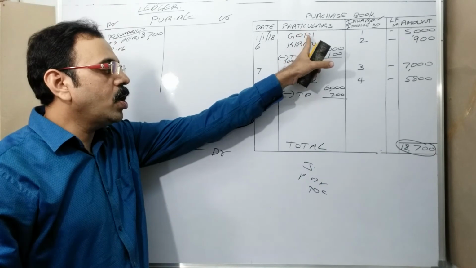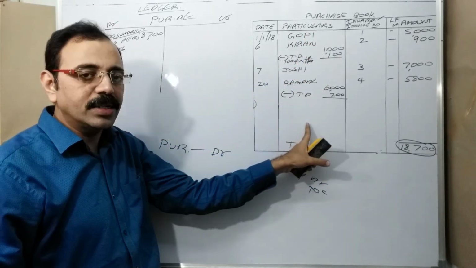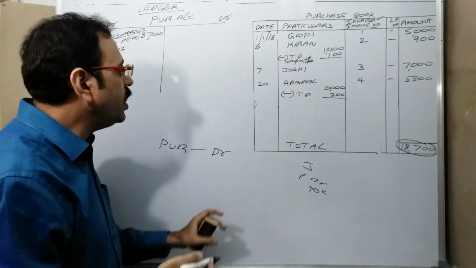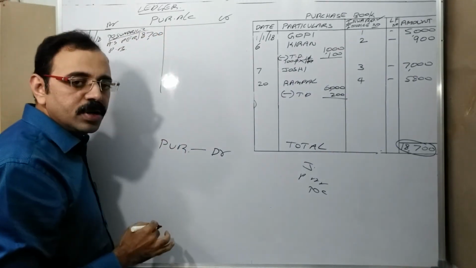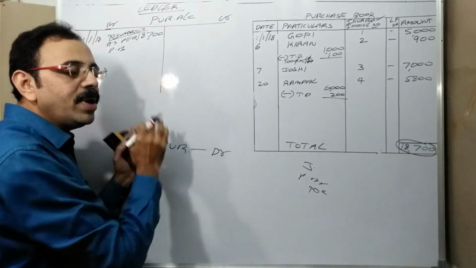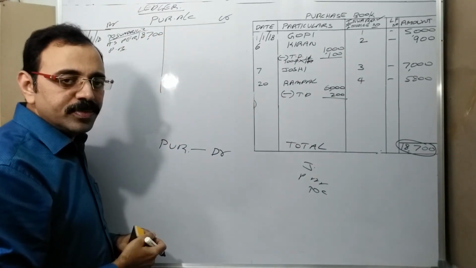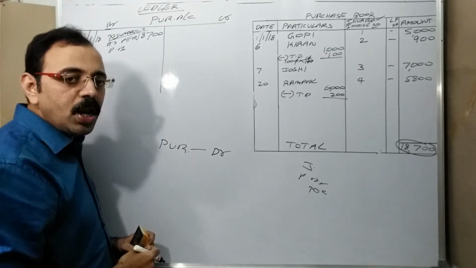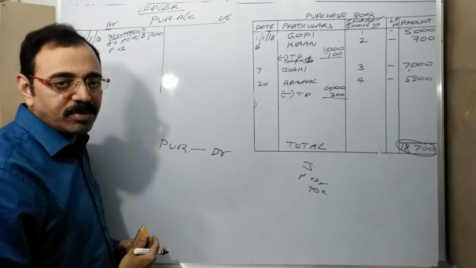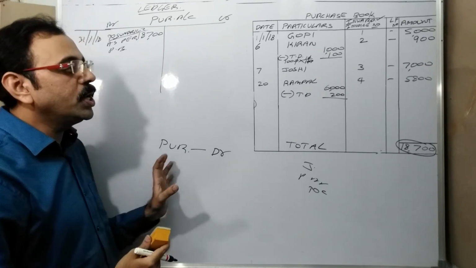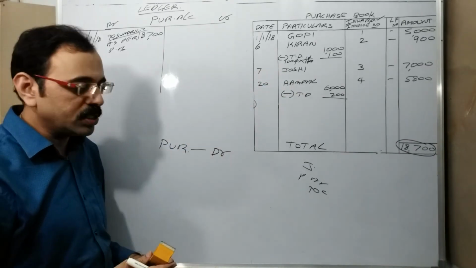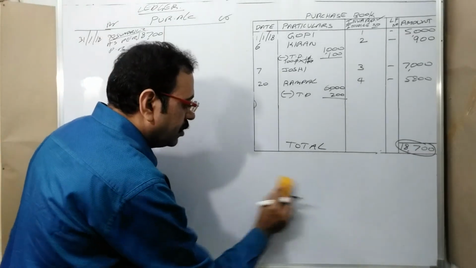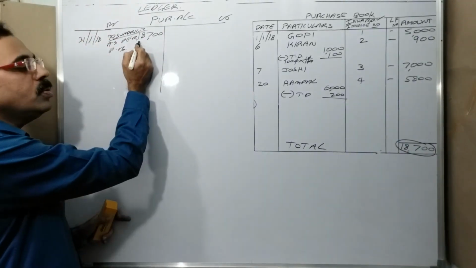Instead of recording all these individual transactions, by simply writing the word sundries, we are recording all of them at a time. So if you post only one time here, that is enough. No need to post 500 times. That is the real advantage of maintaining subsidiary books. Clear? Then, what next?